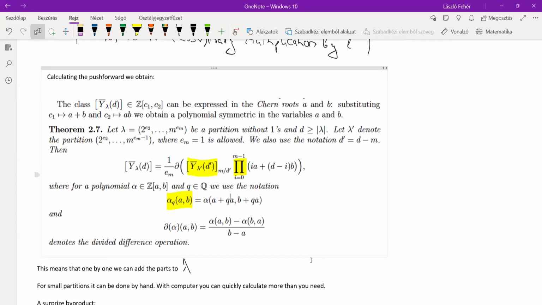Now, maybe this is a point where I can talk about how we ended up with this theorem.